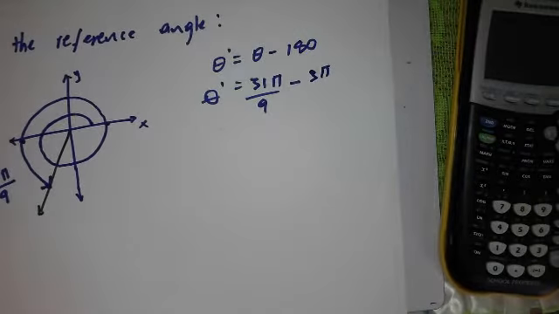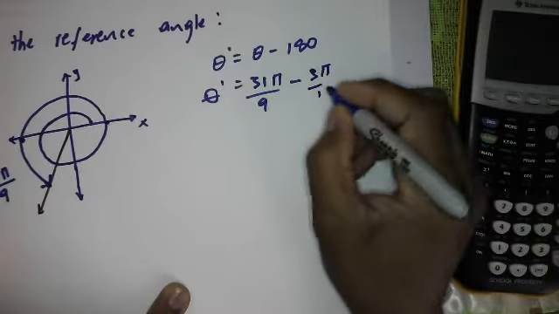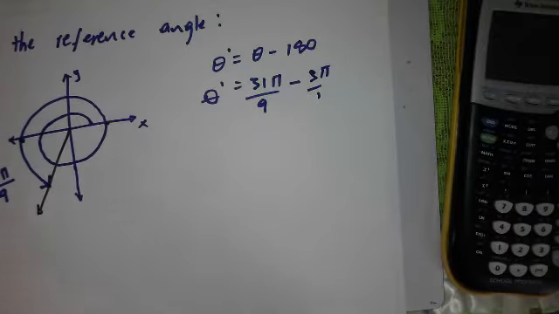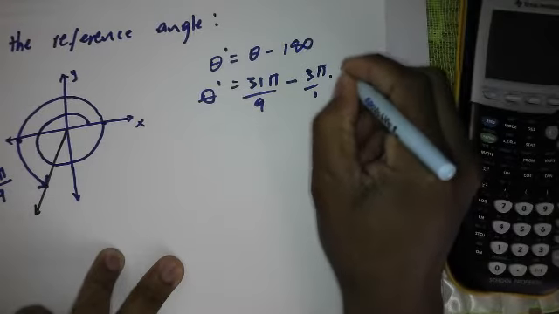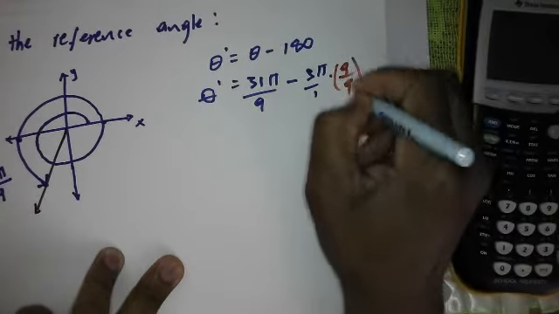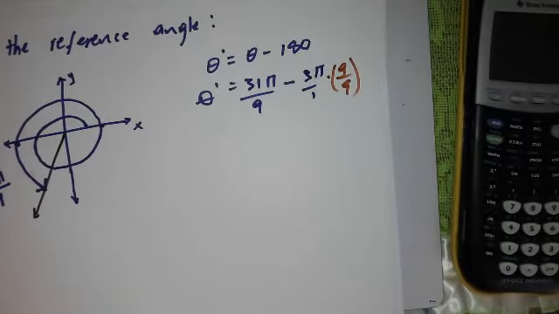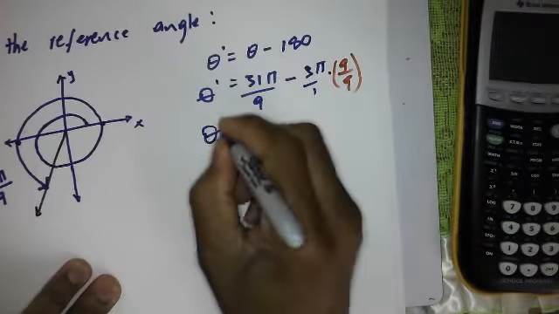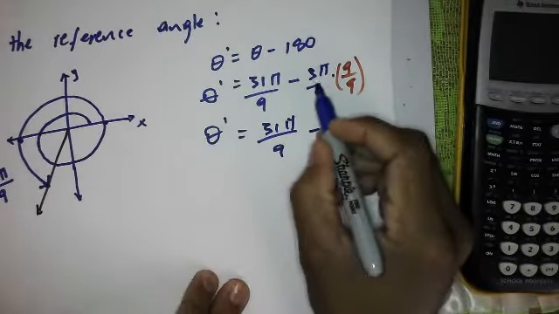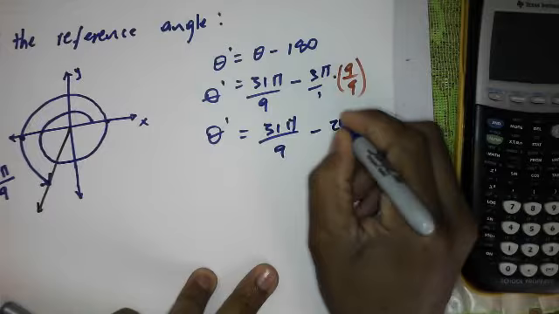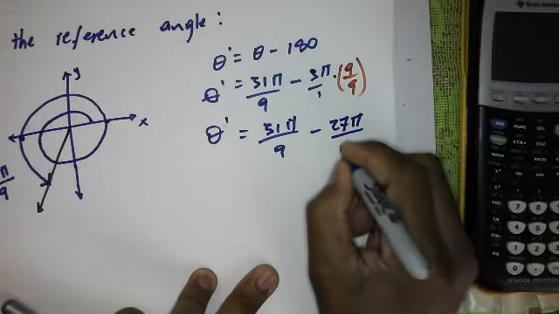Okay? Now, I could write my 3 pi as 3 pi over 1. Now, I want my denominator here to be the same as this. So I multiply top and bottom by 9. Alright, so what I would have now is my reference angle, which is 31 pi by 9 minus 3 pi times 9, that is 27 pi, over 1 times 9 is 9.